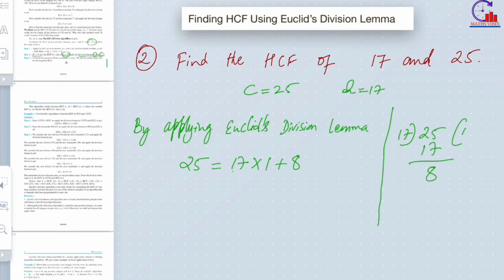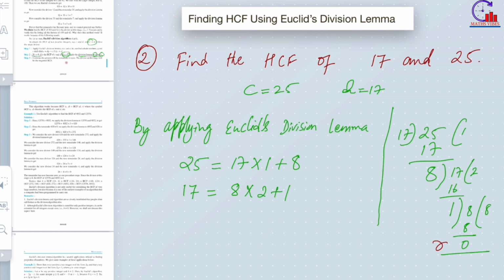Now I have to divide 17 by 8. If I divide 17 by 8, I get the remainder 1. So I can write 17 is equal to 8 into 2 plus 1. Here also the remainder is not equal to 0. So now I have to divide 8 by 1, and I get the remainder 0.